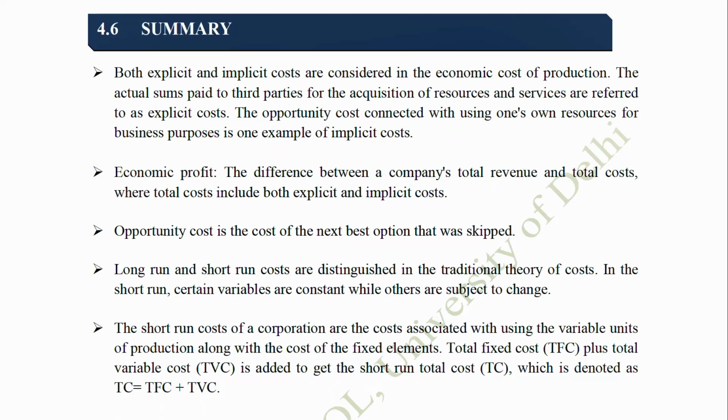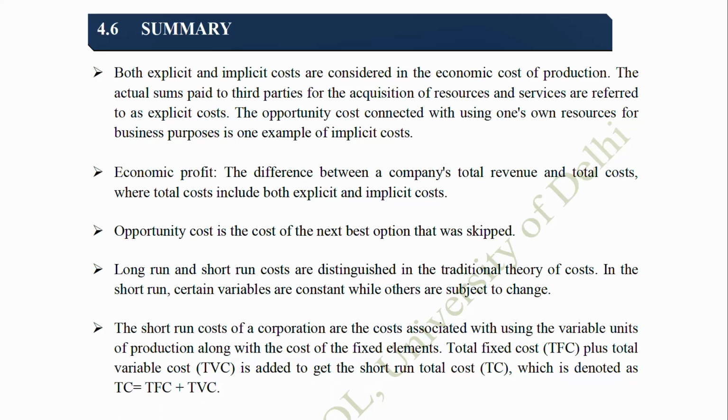4.6 Summary. Both explicit and implicit costs are considered in the economic cost of production. The actual sums paid to third parties for the acquisition of resources and services are referred to as explicit costs. The opportunity cost connected with using one's own resources for business purposes is one example of implicit costs.